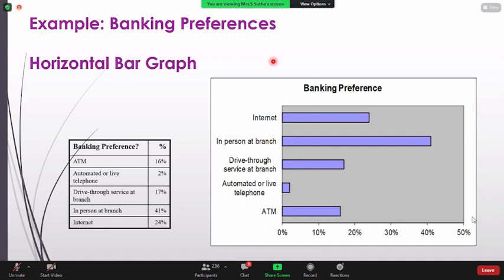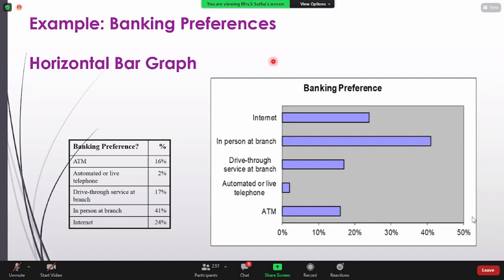What are the measurements we used to identify the banking preferences? What are the measurements of the variable? Quickly, you say that.